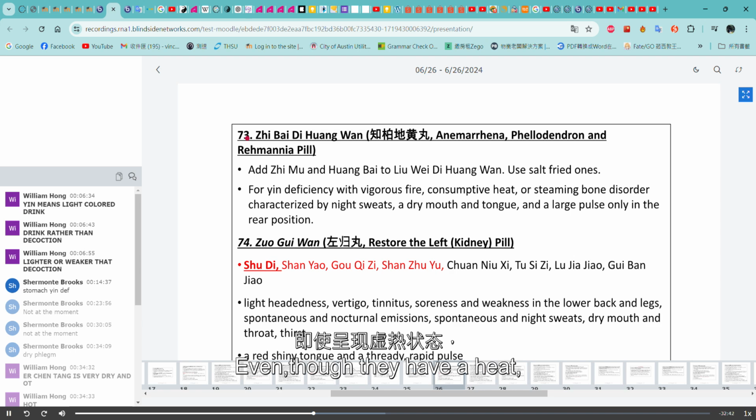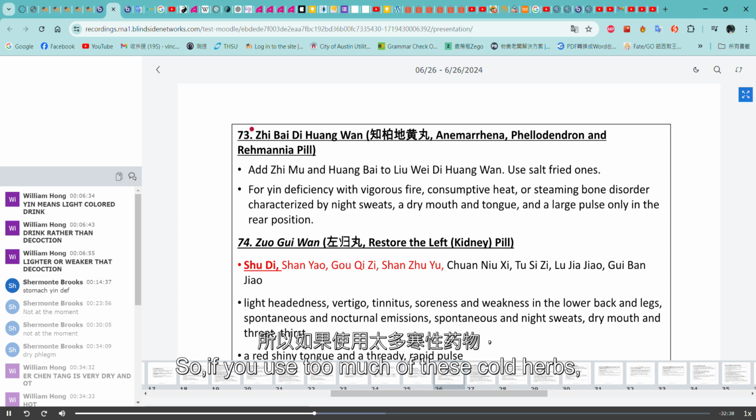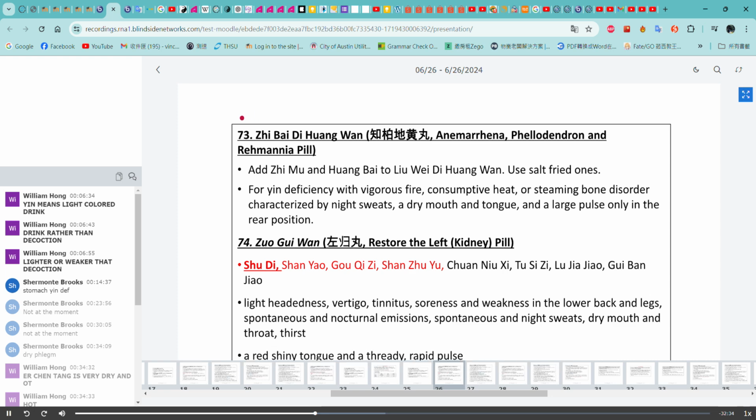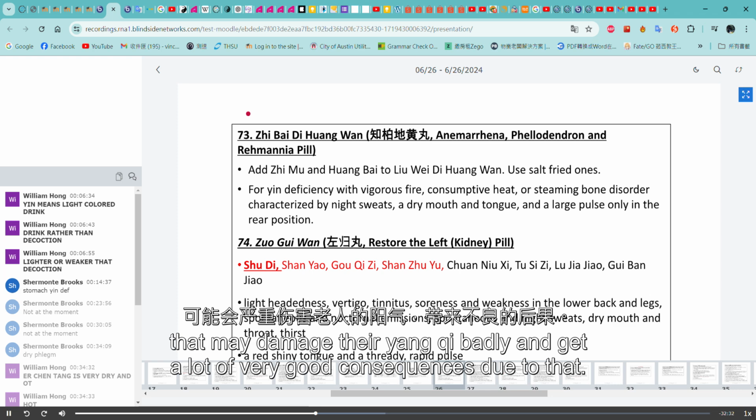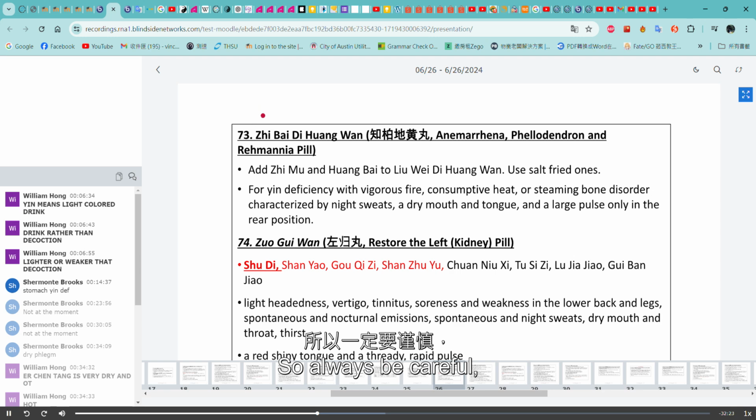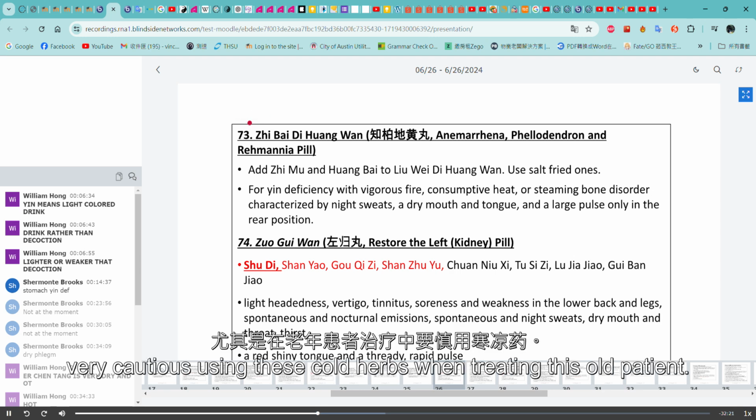Even though they have heat, it's still good to have yang qi there. So if you use too much of these cold herbs, that may damage their yang qi badly and give not very good consequences. So always be very cautious using these cold herbs when treating older patients.